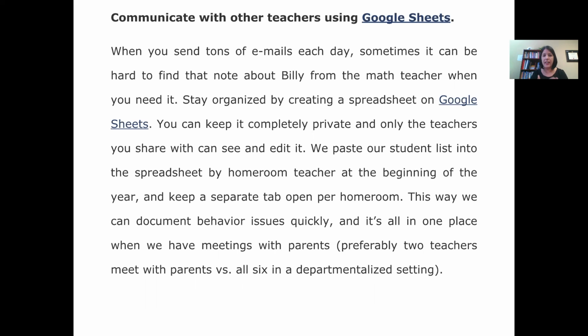This way, at any given moment, the grade level administrator can click on the different tabs to see how we're doing with this mode of communication. It also gives teachers an opportunity, as you're communicating with parents over email or over the phone, to log this communication to share with your partner teachers.